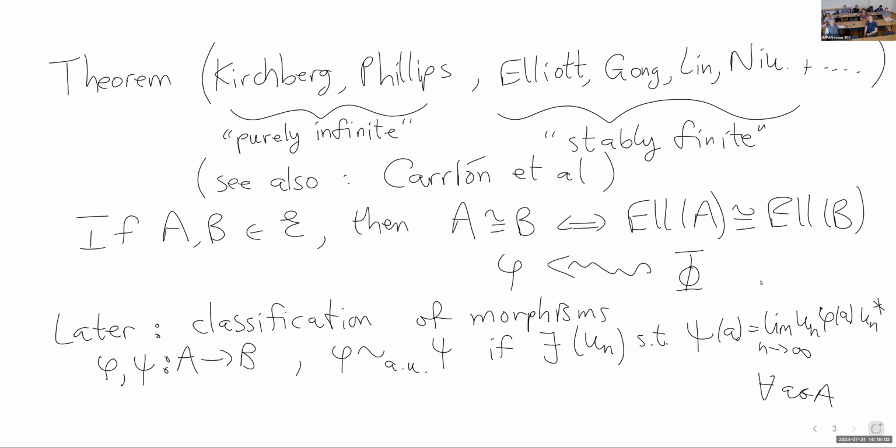It's relevant to this because the Lu invariant cannot distinguish morphisms that are approximately unitarily equivalent. So if they are AU equivalent, then they induce the same map at the level of the invariant. So if phi is approximately unitarily equivalent to psi, then L phi is L psi.